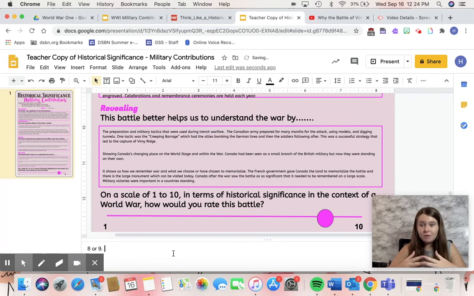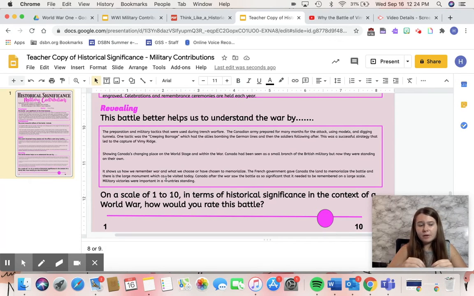And I'm giving it an 8 or a 9 because I think it really helps us understand the war for Canada and how military strategy was very important, how we used our strategies in what we had. We weren't the biggest force, we weren't the strongest force, but we used our knowledge and our power in different ways to win a victory. It changed how Canada was viewed by other countries and how all of a sudden we weren't this small little country anymore.